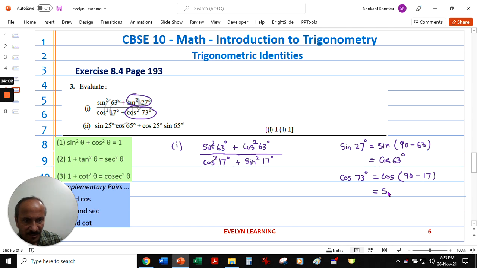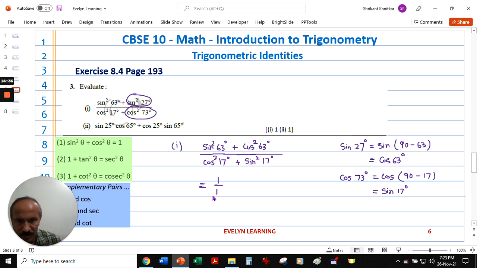Now notice that all these are non-standard angles: 63 degrees, 27 degrees, 17 degrees, 73 degrees, 25 degrees, 65 degrees. We do not know the values of the trigonometric ratios of non-standard angles. So that means this problem has to be solved by using our knowledge of complementary trigonometric functions.